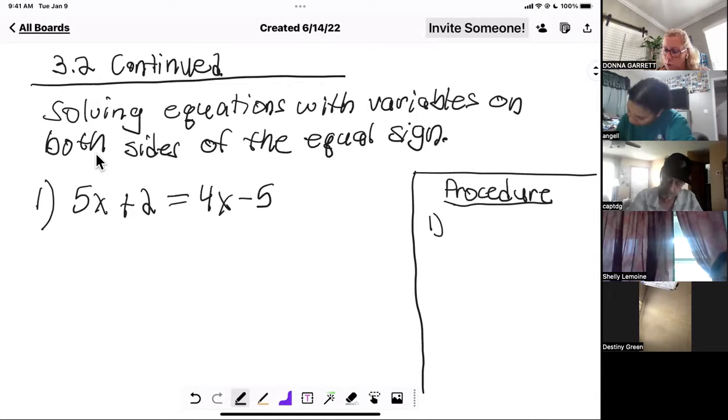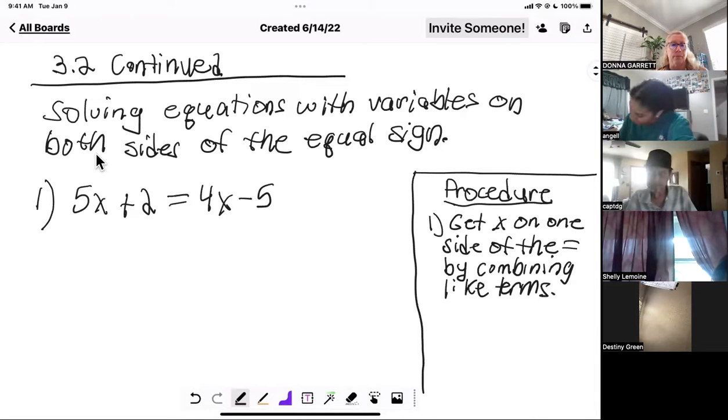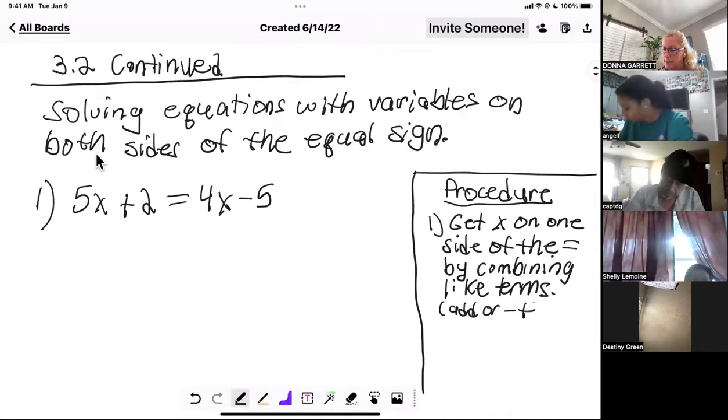Okay, so you want to get x on one side of the equal sign by combining like terms. I'll show you how to do that. I guess we're going to say add or subtract the x term.